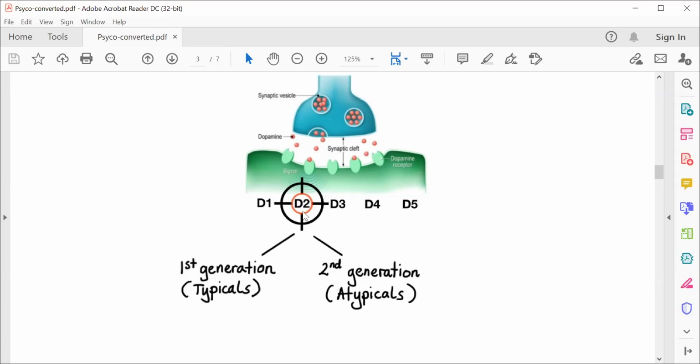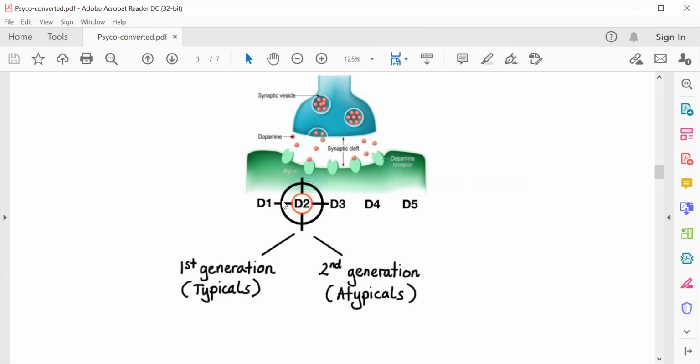Here, the dopamine comes to work. Any change of dopamine level leads to the changes that we talk about: positive symptoms, negative symptoms, change in prolactin level, change in movement. Like we said, if dopamine is high in the nigrostriatal pathway, it will lead to tics and dyskinesia.